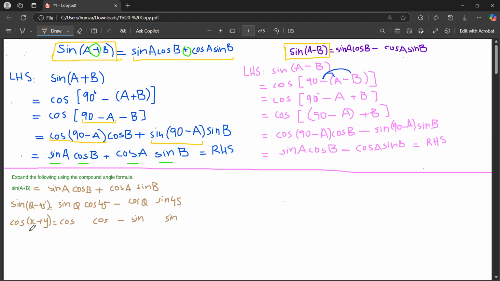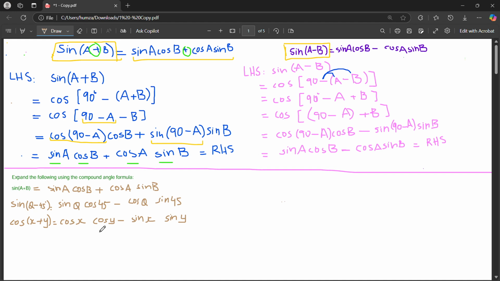Now we have these two angles x and y. We are going to give each one each angle. So cos x and sin x and cos y and your sin y. So this is how we distribute the different angle, and this is altogether your expanded form.